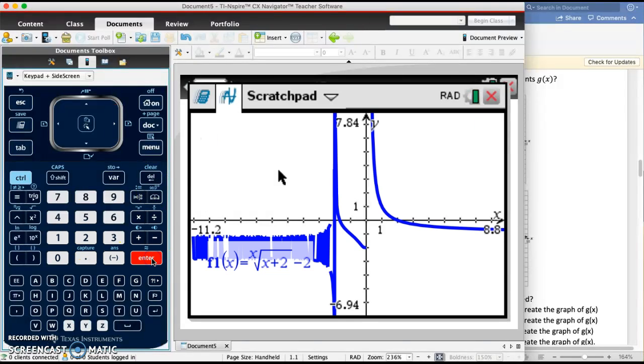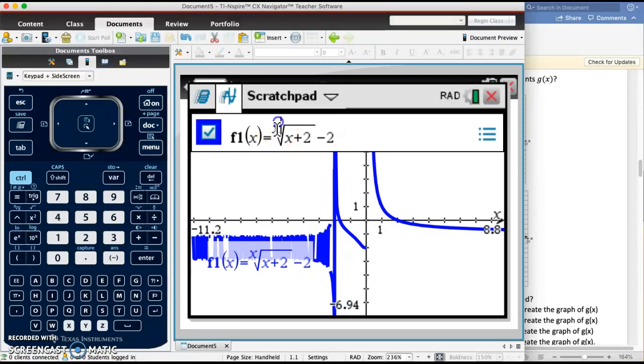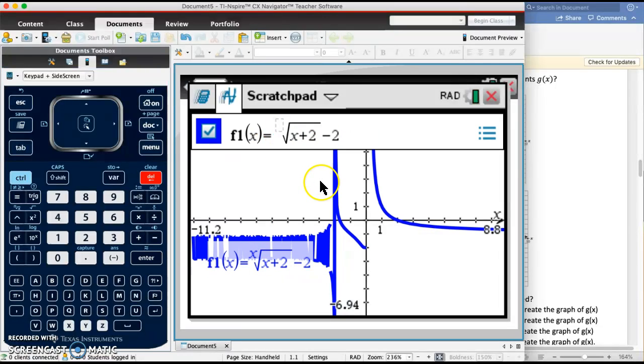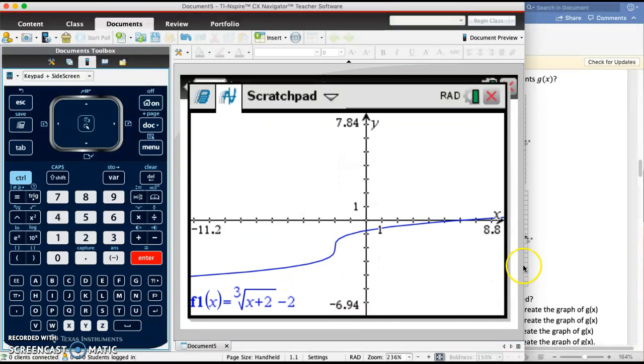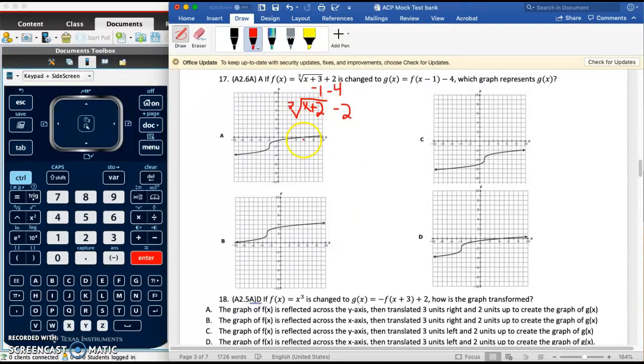I'm going to press enter. Whoops, I made a mistake. That should be a cube root. Enter. Okay, and there's my graph. So I'm just going to try to find the graph that looks exactly like it. And actually, A is my answer. Okay, I'm done with that.